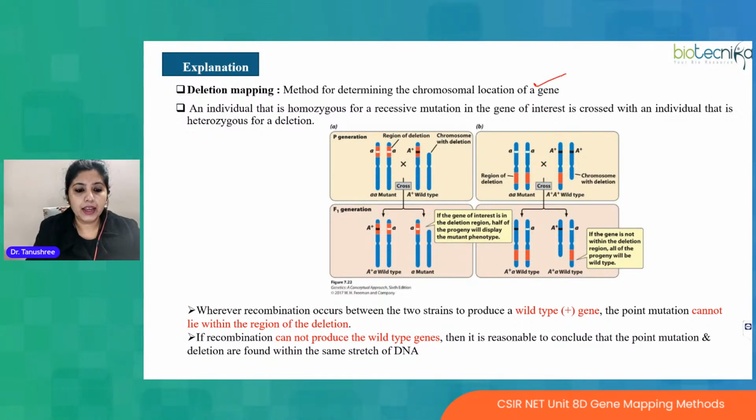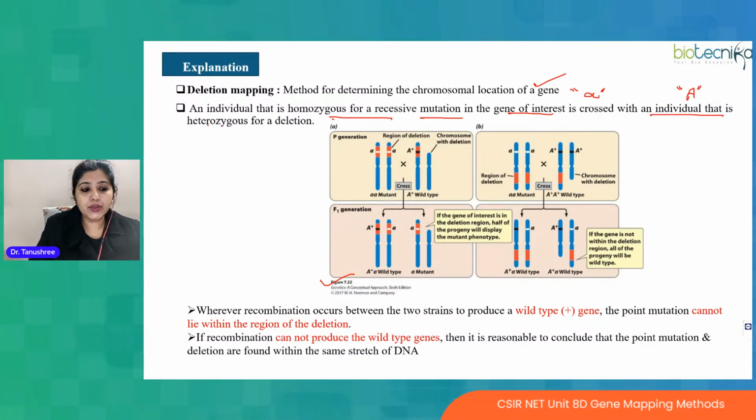Here is one of the experiments, showing how you can determine where the gene is located in the chromosome. Here is an individual that is homozygous for a recessive mutation in the gene of interest. The mutant allele is denoted with this allele, and the wild type is denoted with this. So an individual with a mutation in the gene of interest is crossed with an individual that is heterozygous for a deletion.